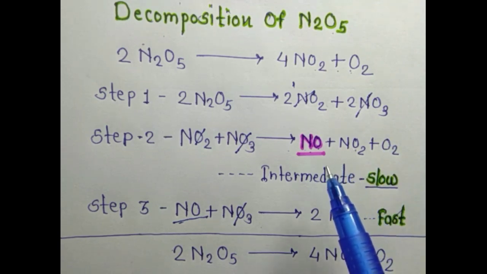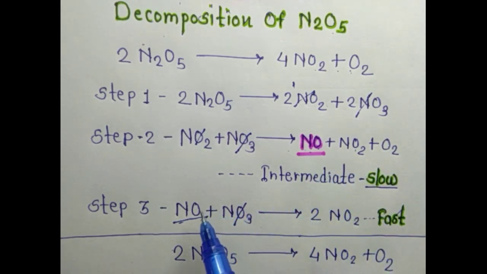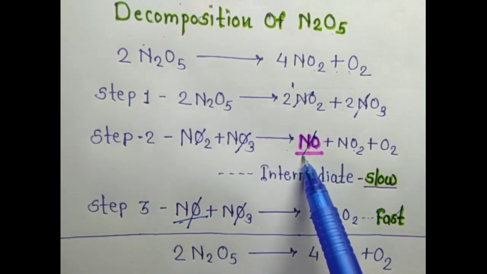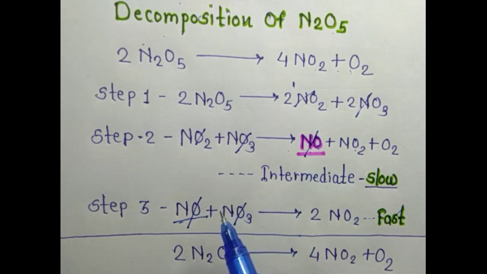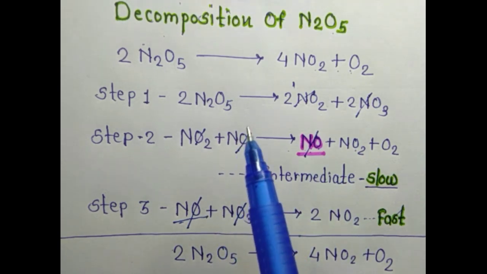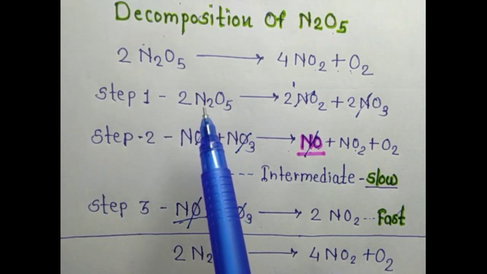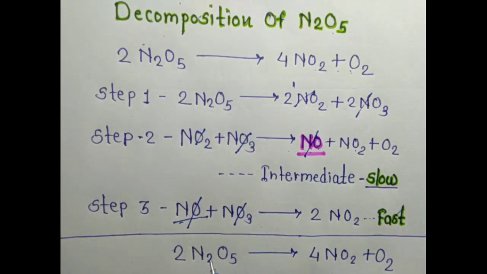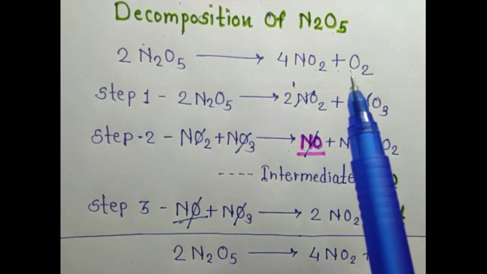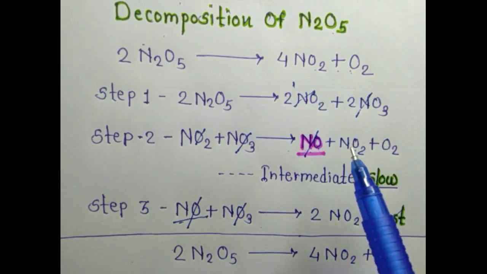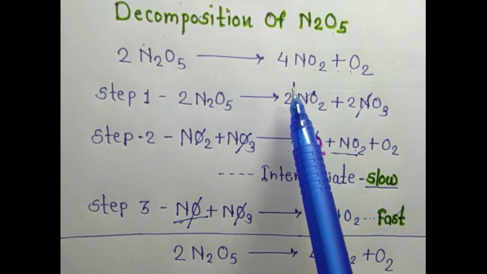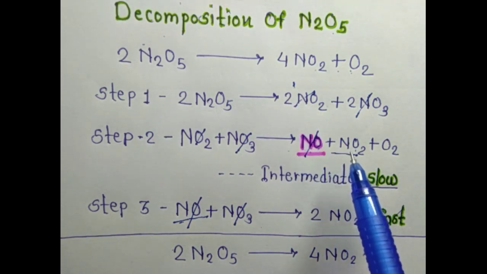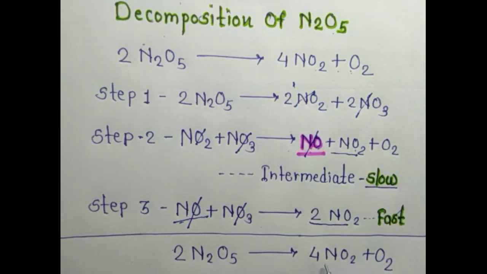Now the remaining NO and NO, meaning the intermediate is formed in one reaction and cancelled in the other, that is consumed. That's why now remaining is 2N2O5 at the reactant side, and at the product side this NO2 and this single NO2, that is 2NO2, and this also 2NO2, that is 4NO2, and O2.